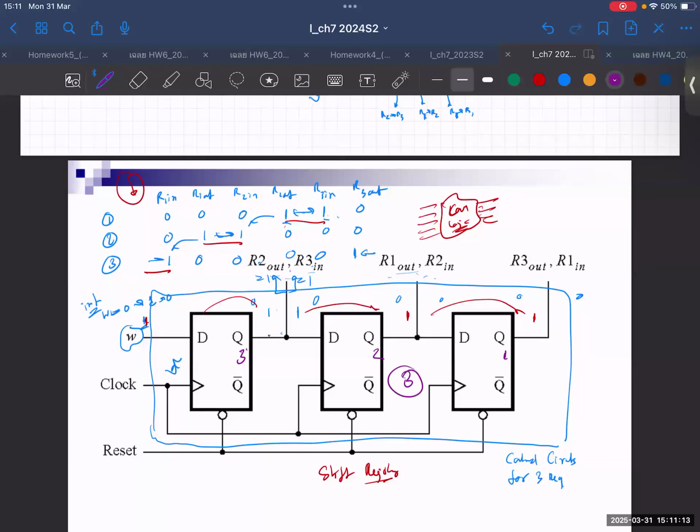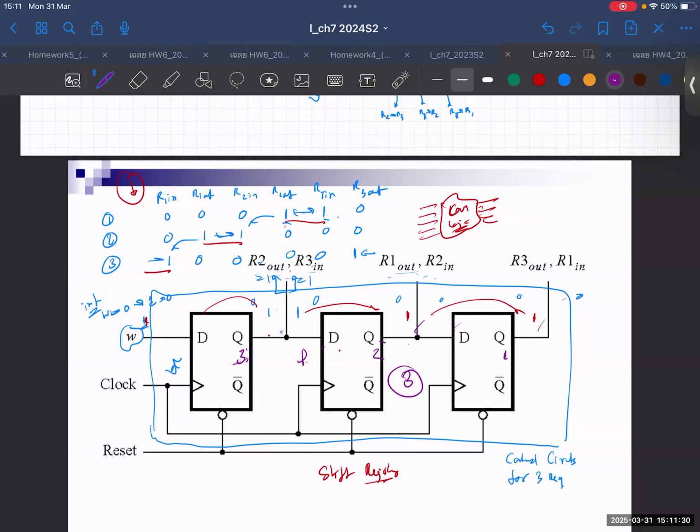So Q3 goes to Q2, and Q2 to Q1. So it jumps. This Q3 is D, right? So once the signal comes, D will jump to Q, which means that D is Q3. That's why Q3 is assigned to Q2.